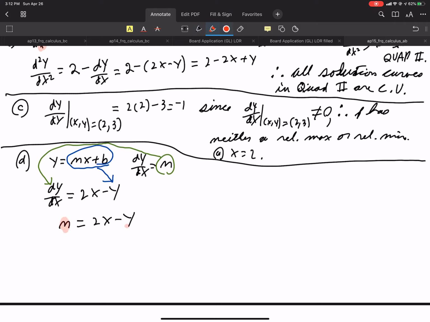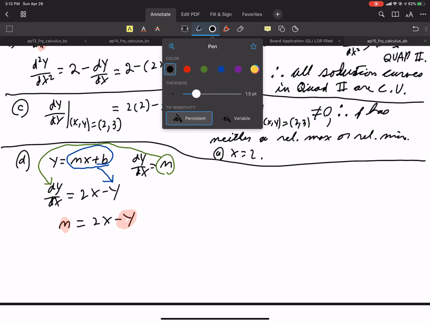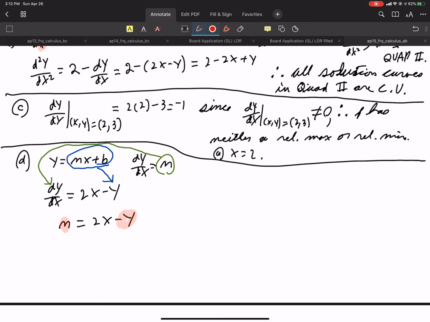These are constants. So if those are the only constants, they have to equal each other. Now, invisibly, there's x on the left side. We just don't put it because it's 0. So you have an x term and a constant. For the left side to equal the right side, both those must be equal to each other. So 0x must be equal to 2x, and m must be equal to minus y.